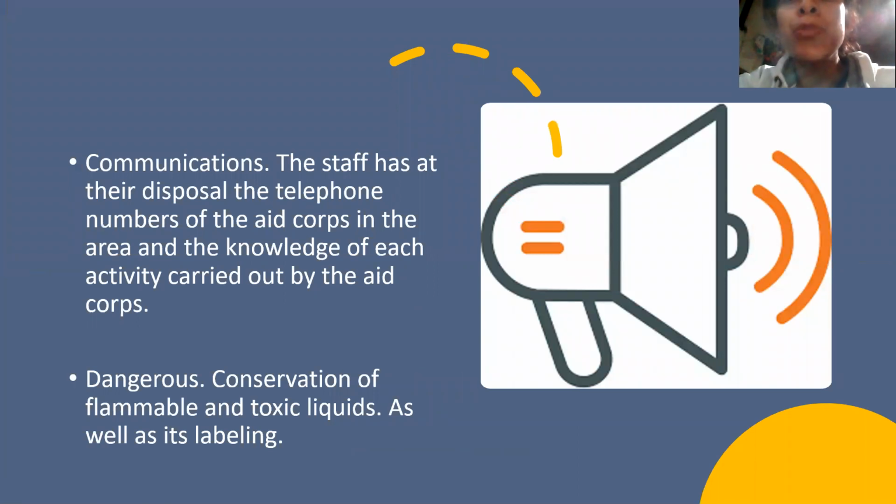The communication brigade provided the personnel with the telephone numbers of the emergency services in the area and the knowledge of each activity carried out by them.